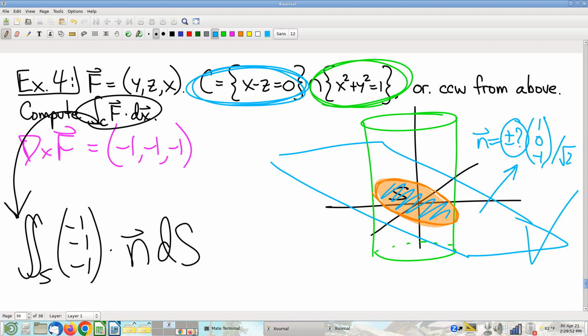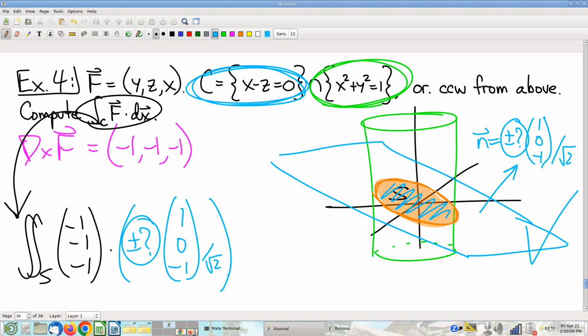And notice what happens when you plug that in here. Plus or minus, still not sure about that part, 1, 0, negative 1 divided by the square root of 2, and then dS scalar.